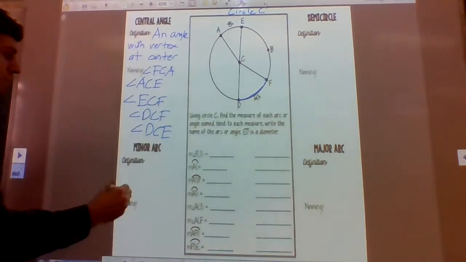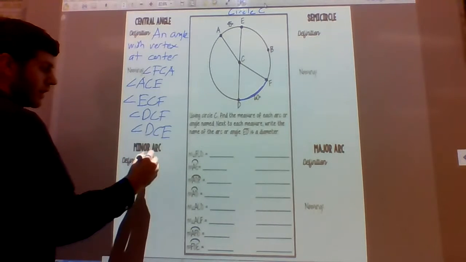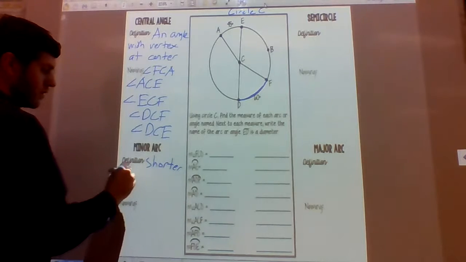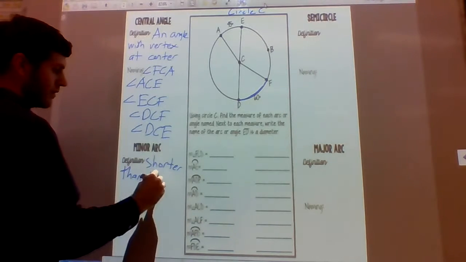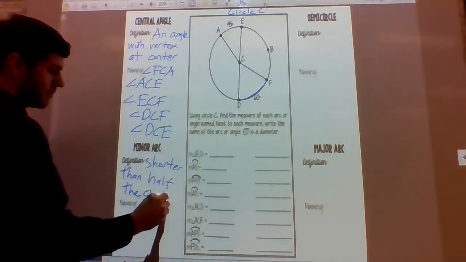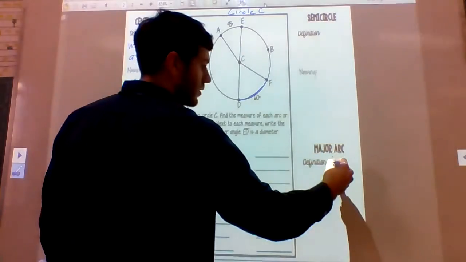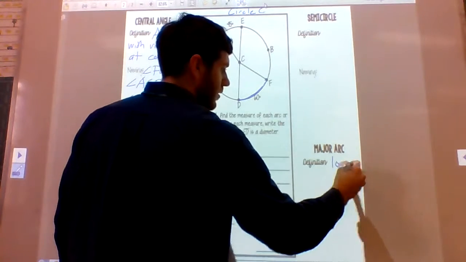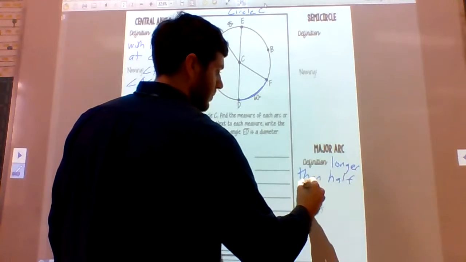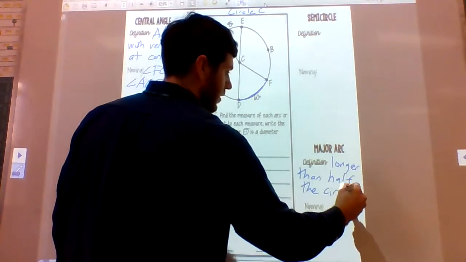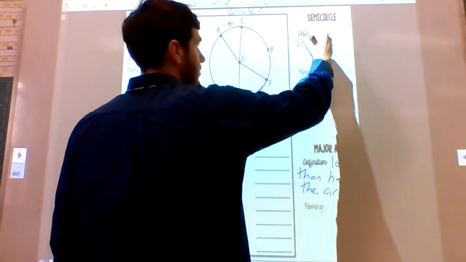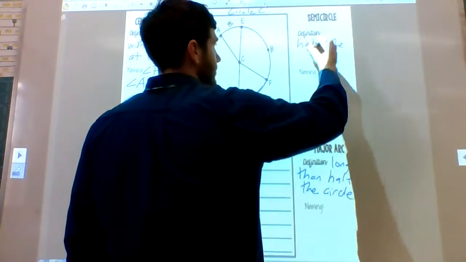A minor arc is shorter than half the circle, the major arc is longer than half, and the semicircle is exactly half the circle.